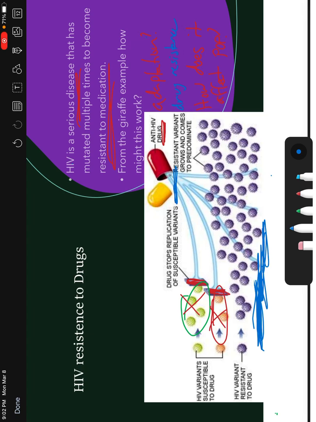And the medications that we have at our disposal are not able to take care of it. So for the HIV variant, this is a good thing. For humans, it would be a bad thing.